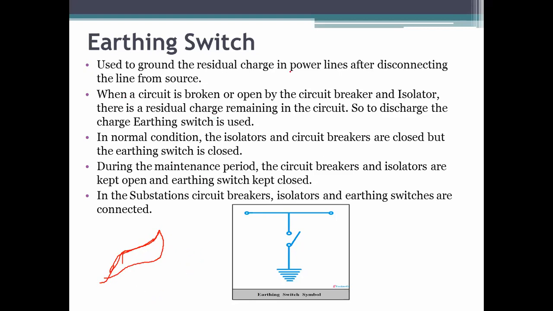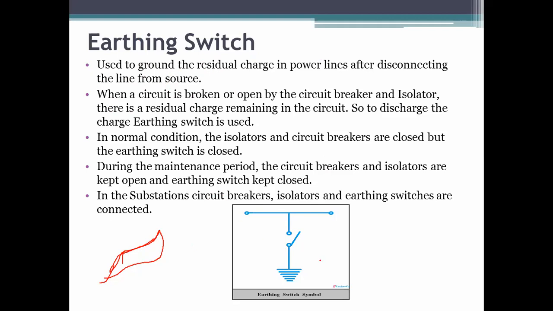Like this only, the residual charge is there, meaning when you are disconnecting the line from the source. When you are disconnecting the line from the source, whatever charge or flow of current, that residual current, where it will go, we don't know.